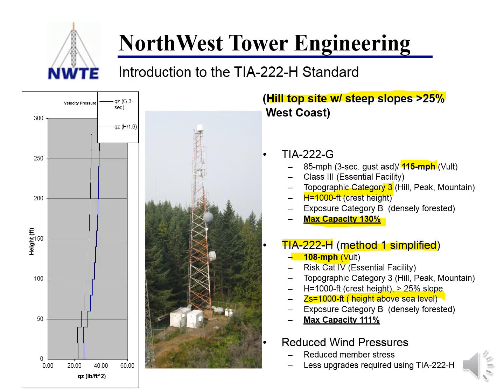So we go from 130 to 111. So we do reduce the member stress, so probably less upgrades would be required to H standard. So definitely an advantage. You can see here on the pressure diagrams, it looks like we got a little more separation between the two. So H definitely produced less wind pressure.